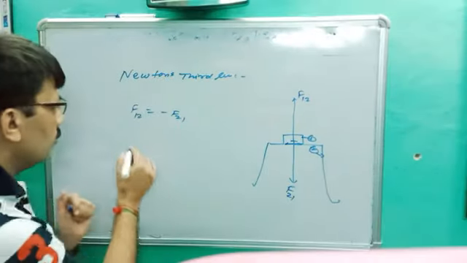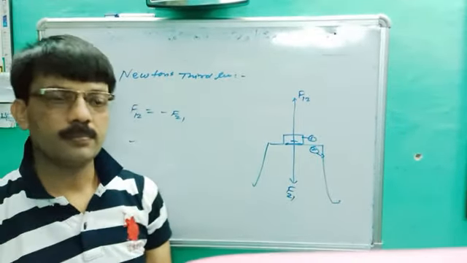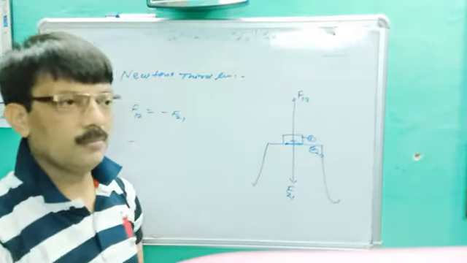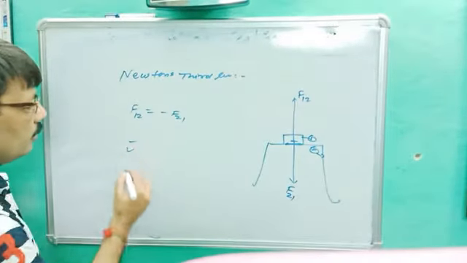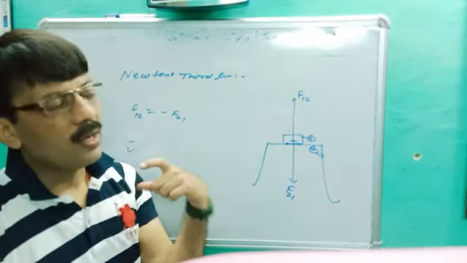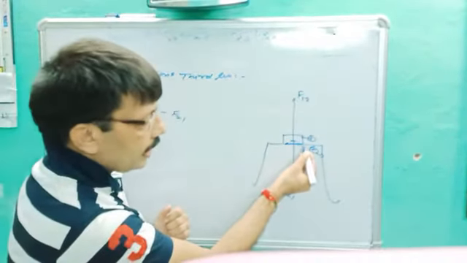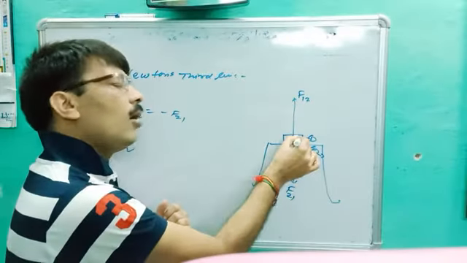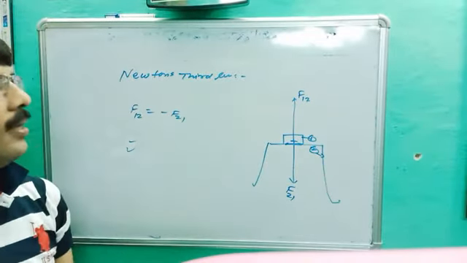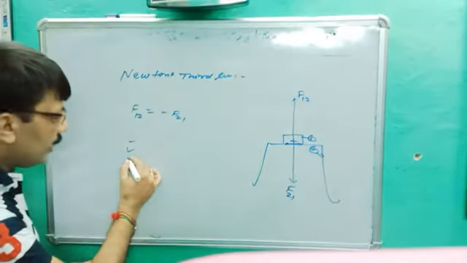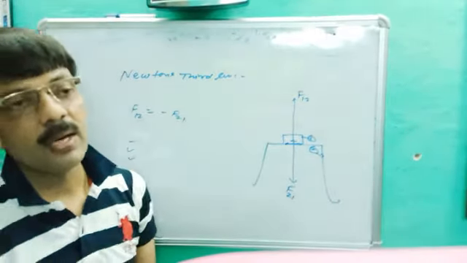First point, forces are in pairs. Very, very important. Second point, they are on different surfaces. You better know, the action is on the table and the reaction is on the bricks. Third point, they don't cancel each other. Very, very important point.